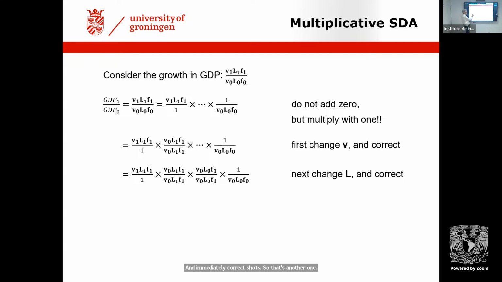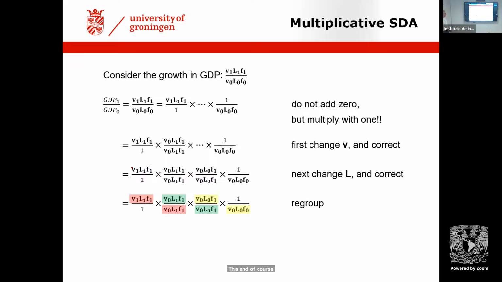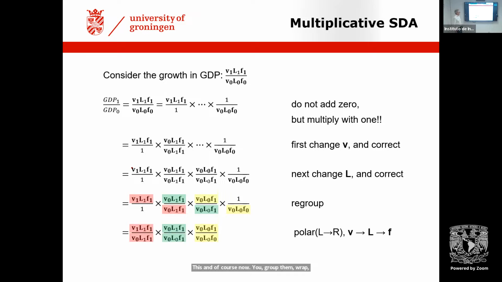And now observe that these are the same except for the V. These are the same except for the L. And these are the same except for the F. So this term gives you the changes in V. This term gives you the changes in L. And here the changes in F. If you use colors, like this, and of course now you regroup them, red above red, green above green, and yellow above yellow.